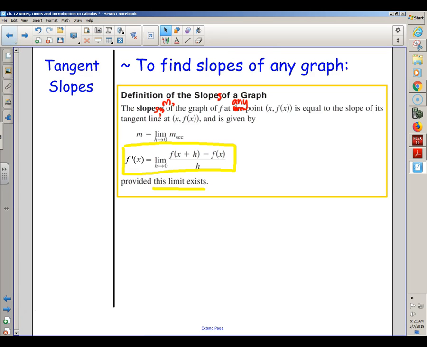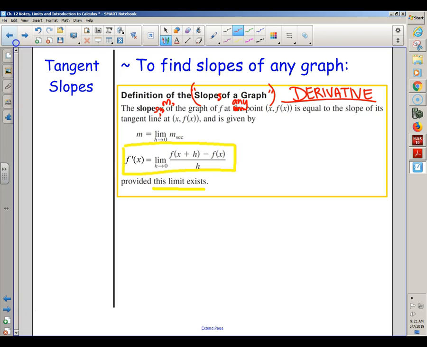Can we go back to this page real quick? Where it says definition of the slopes of a graph, can I have you put this in quotation marks, slopes of a graph, in parentheses. And I'm going to say definition of the derivative, because slopes of a graph is a description of the guy whose definition this actually is.